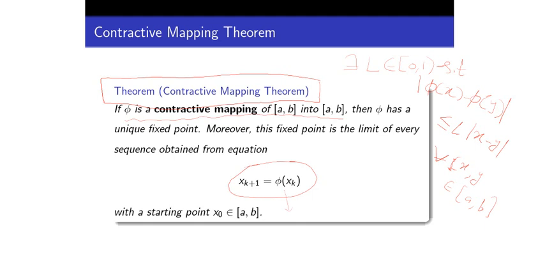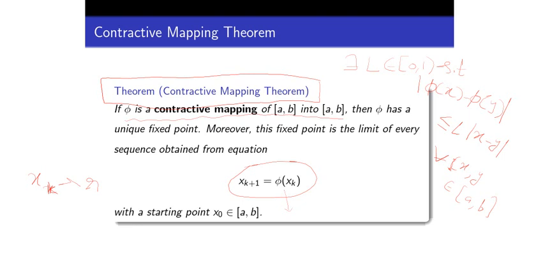That is, x k converges to that fixed point, let's say R, with a starting point x naught. With any starting point x naught, it will converge. So convergence is guaranteed when you take a contractive mapping.